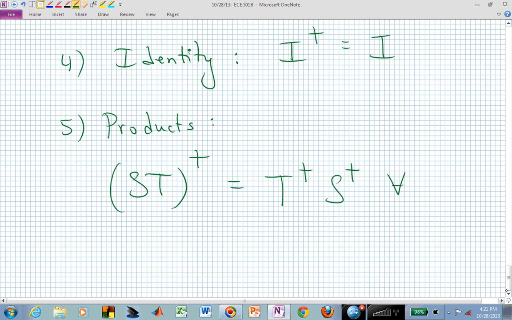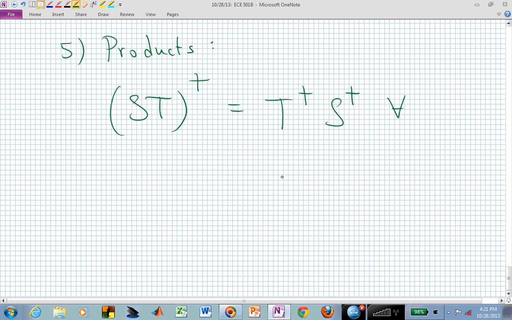And now these could be different in terms of where they belong. Let's say that T is now an operator from V to W, and S, what's it?